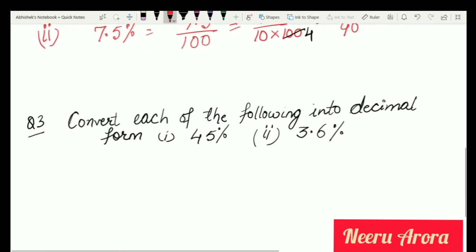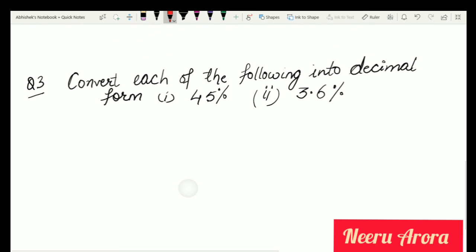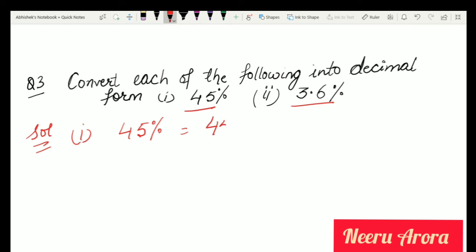Now, third question. Convert these given percentages into decimals. It is 45%. First, remove the percent sign. 45 divided by 100. Now we want to convert this into a decimal.